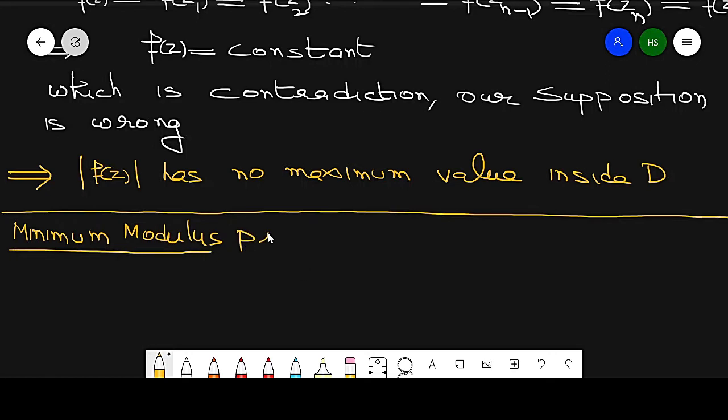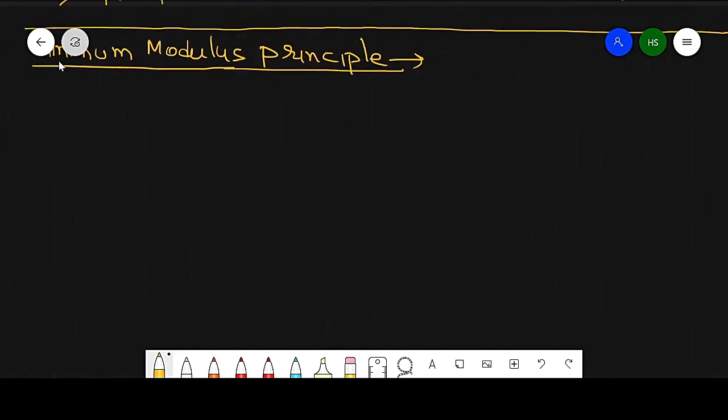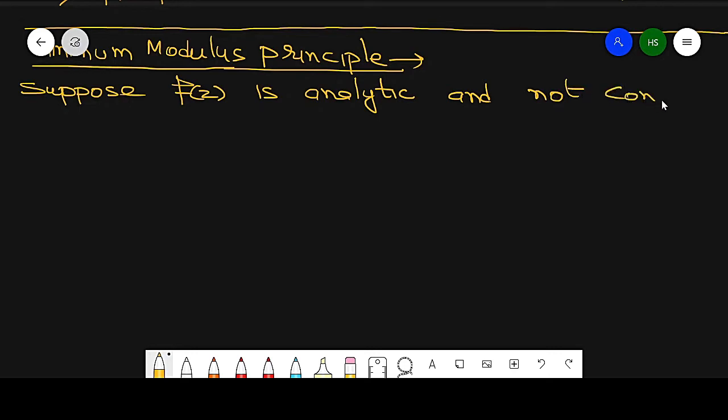The statement of the minimum modulus principle is: suppose f of z is analytic and not constant in a given domain D.